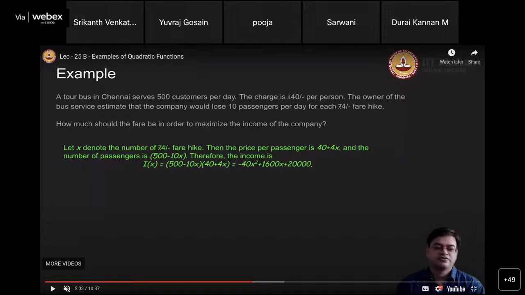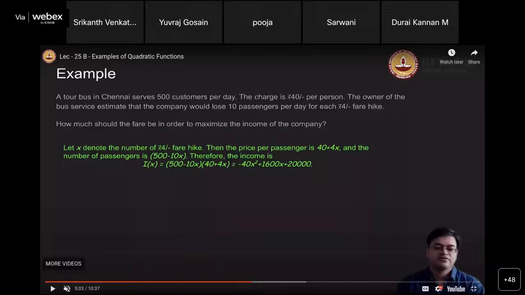You are getting the point, right? First, read statement 1: a tour bus in Chennai serves 500 customers per day. That means you are going to allow only 500 customers to board your bus, and you will be charging 40 rupees per person.